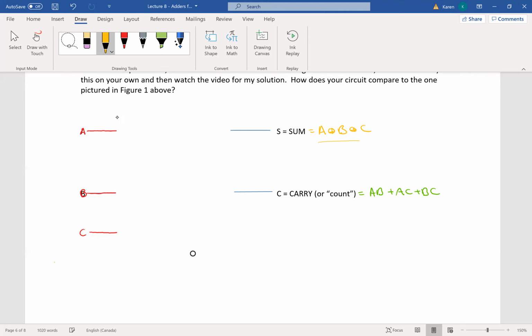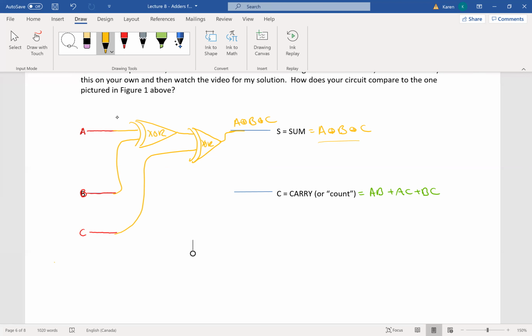It looks like this. A exclusive OR B is going to be then exclusive ORed with a C. A exclusive OR B is exclusive ORed with a C. So coming out of here is A exclusive OR B exclusive OR C.